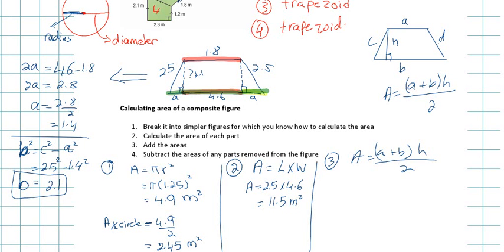Okay? So now I know everything, so I can just plug them in. My A is 1.8, my B is 4.6, the height is 2.1.